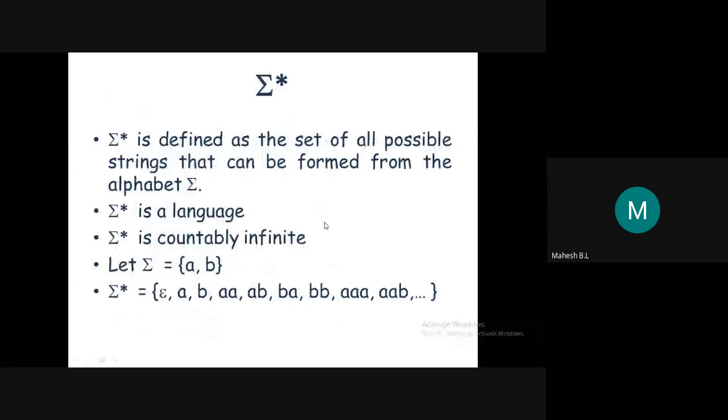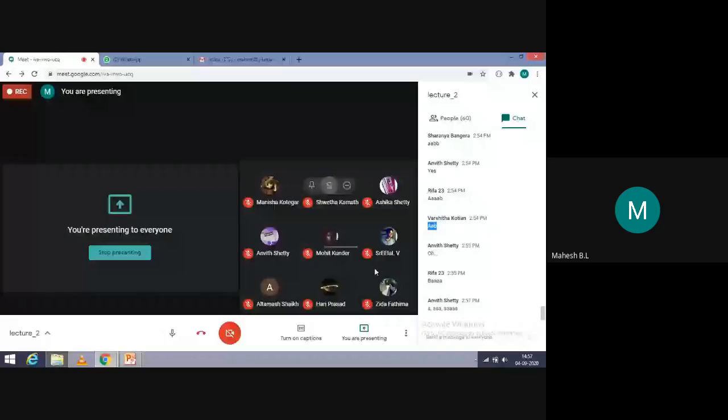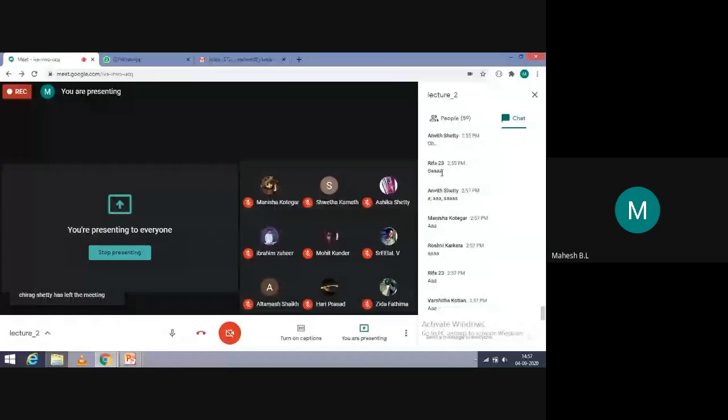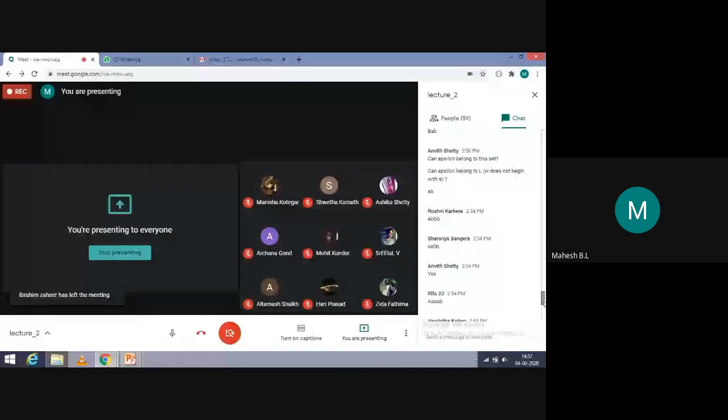No prefix of W contains B. Now can you give some examples? Only A's. If there is a B, it will be a part of a prefix also. Let's consider a wrong example: AABB.